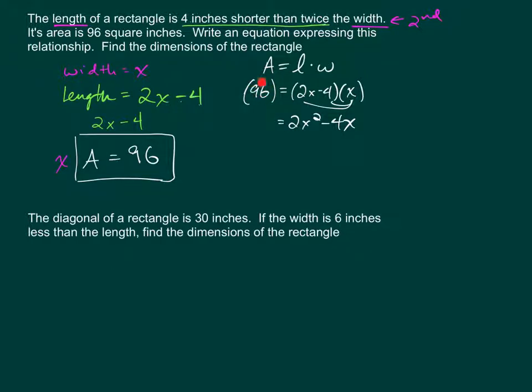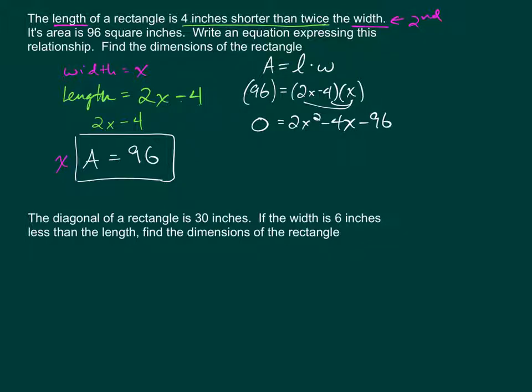And then this 96, I'm going to subtract it right away to the other side of the equation. So minus 96 equals 0. In a quadratic application, if you're left with something that's quadratic, you will most likely be able to factor.